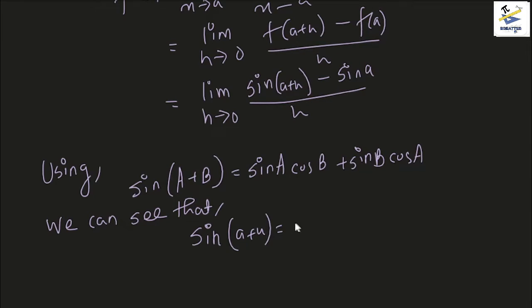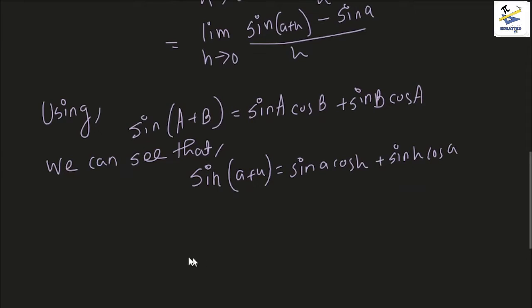that sine of a plus h similarly would be expanded. When this is done, what we can do now is we can find the limit L. Actually here we do not need to call the answer L, we already have a name for it.